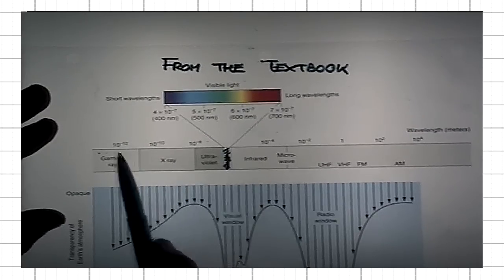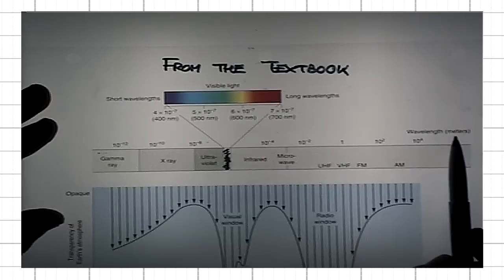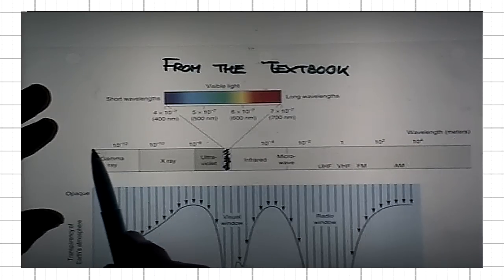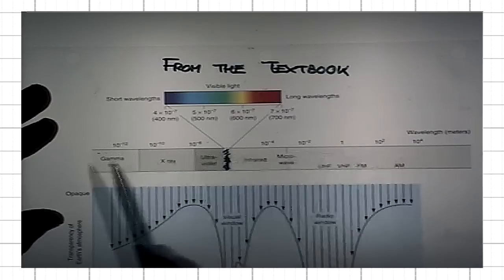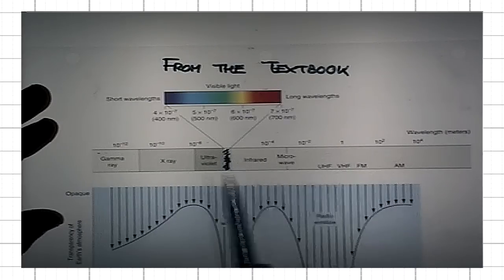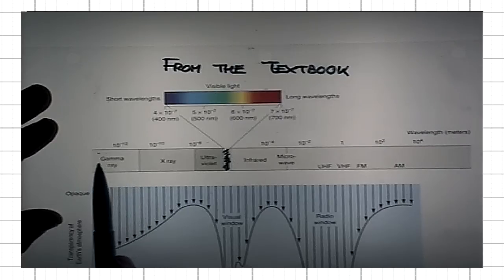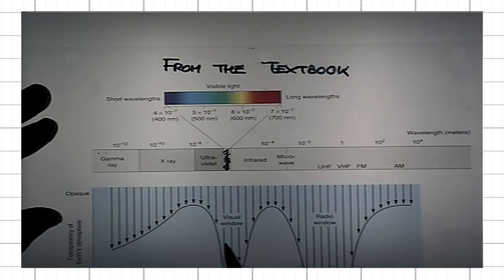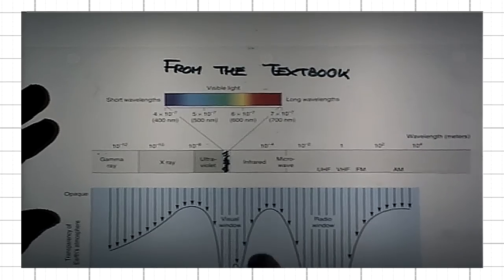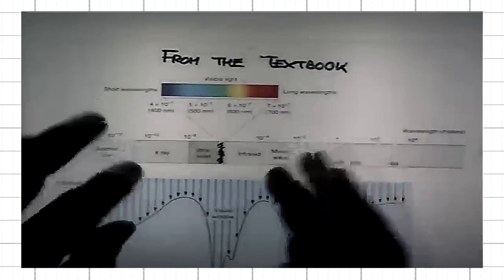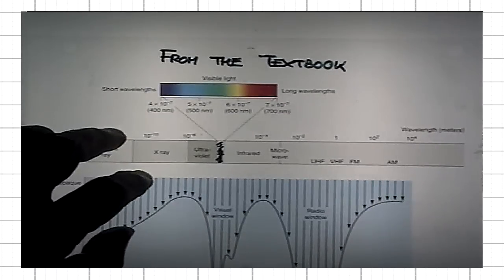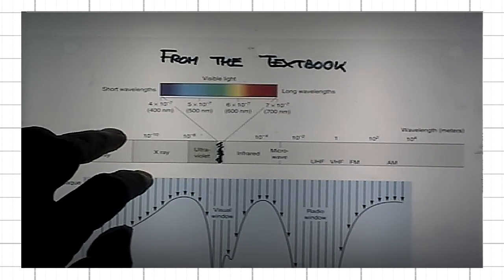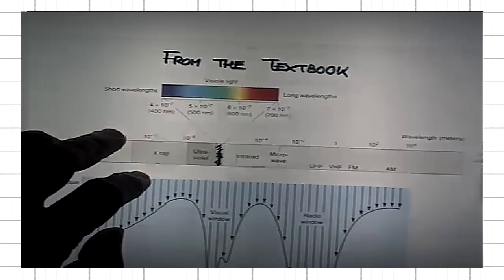Okay? Note that the scale here, which gives the wavelength in meters, is not linear. It is a so-called logarithmic scale. And usually, when you have to put together on the same graph numbers that differ from each other by orders of magnitude, the linear scale won't do it, because one set of values would be here, and the other set of larger values would be next door on a linear scale.